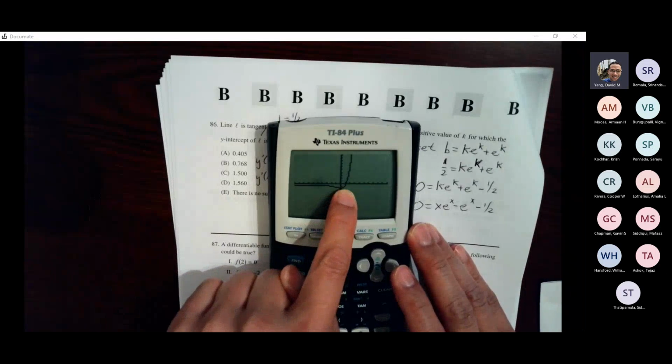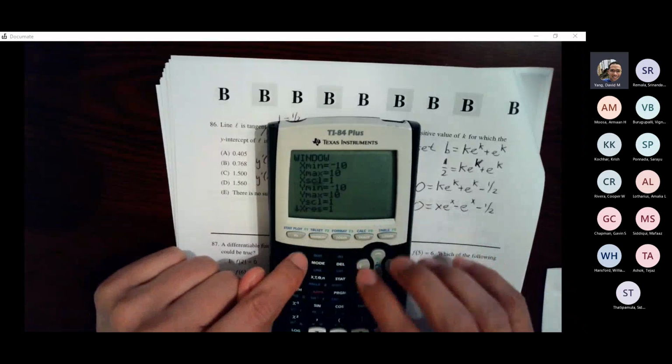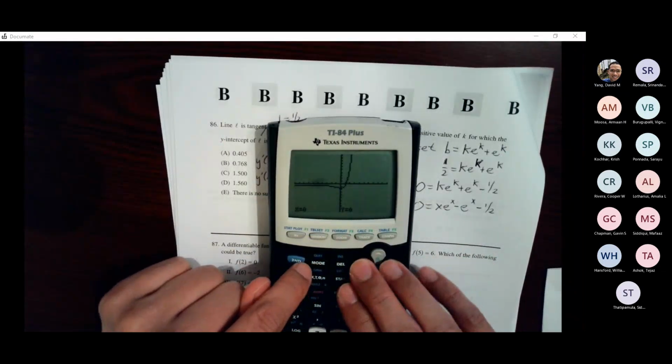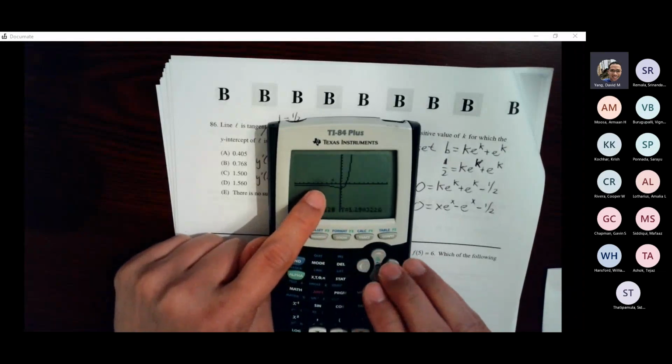So there's my x-intercept. Let me zoom in a little bit more. I can do zoom box and create a box around that region, that x-intercept there.